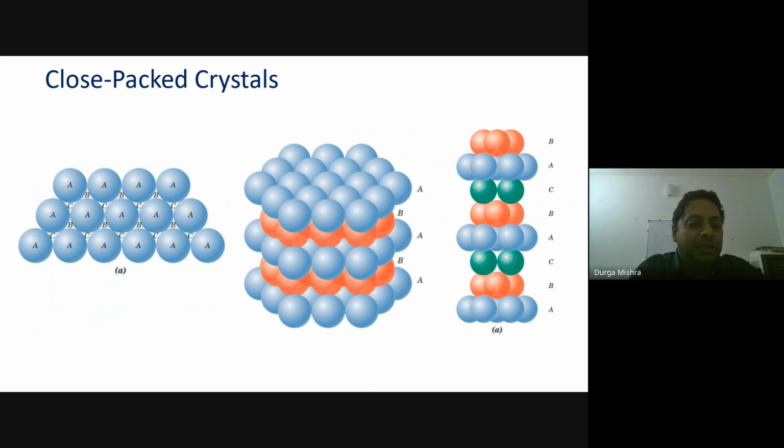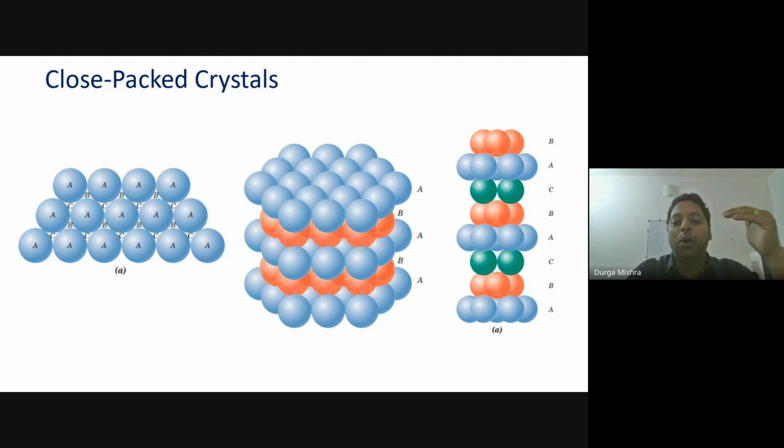One is designated by B, which creates one kind of void, and the point C creates another kind of void. So I can put atoms over B, or I can also put atoms over C. This leads to a close packed structure.